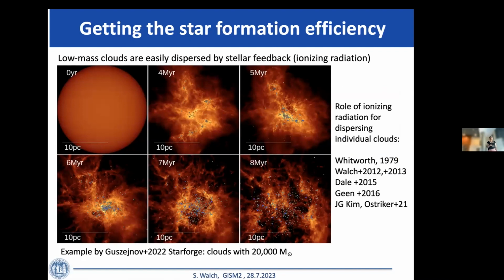This is the Starforge simulation. Okay, and maybe just one word about star formation efficiency, because we've talked about how efficient star formation is. So for these molecular clouds, which have around 10,000 solar masses or so, here 20,000 solar masses, you can disperse them by ionizing radiation. So ionizing radiation is most effective for this. Also, when you look at massive star-forming regions, ionizing radiation is the dominant feedback mechanism.